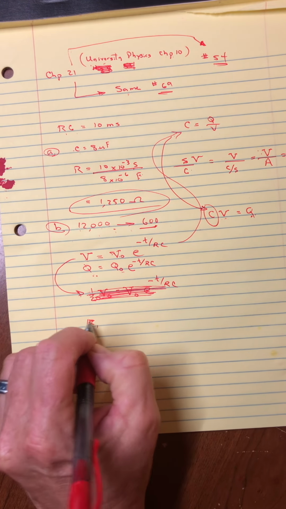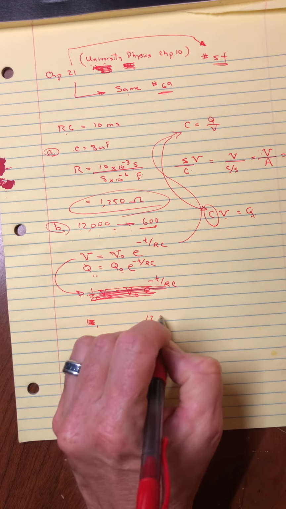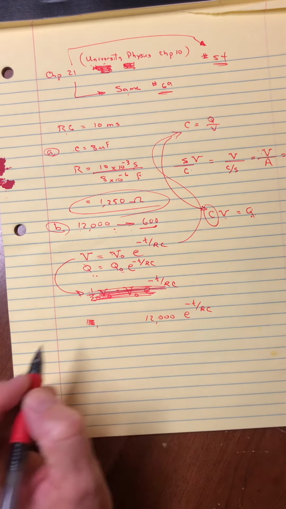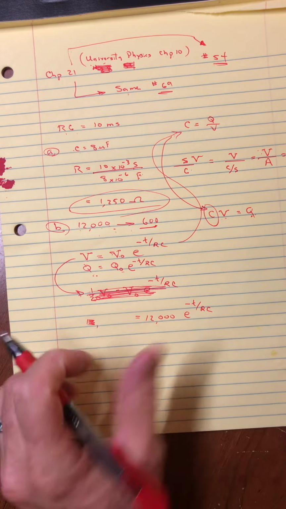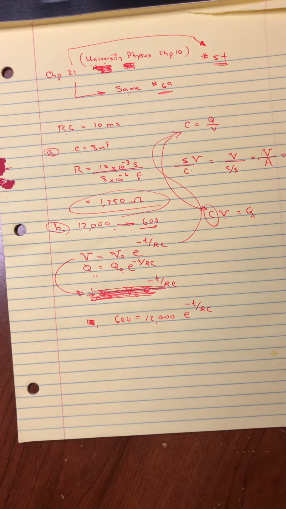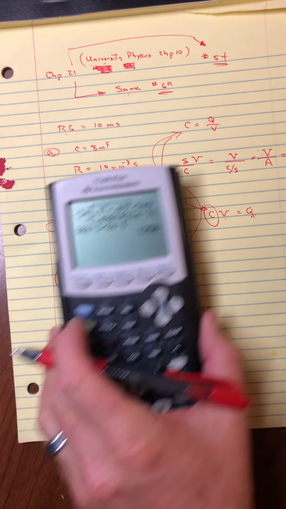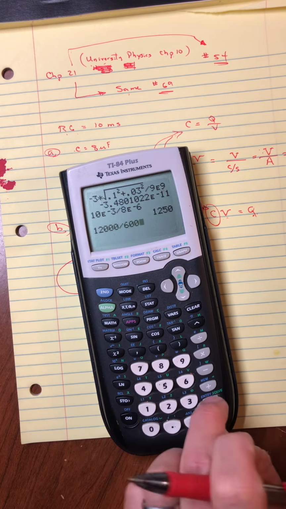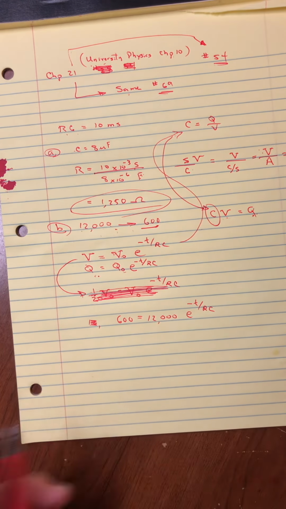Okay, so we're talking about 12,000 as the initial voltage, and we are then decaying down to 600. And as you can see, 600 over 12,000 is, as I said, 1/20th.